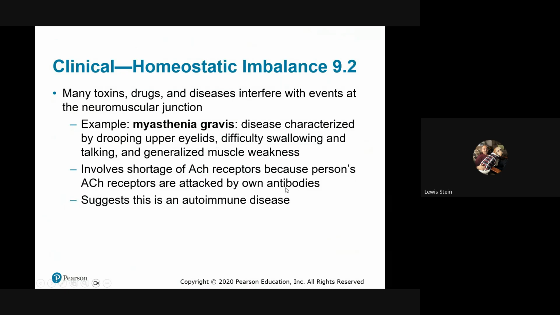So we use agents to prolong the activity of the acetylcholine. We block, by design, acetylcholinesterase. So we inhibit it. When we block it, we call them acetylcholinesterase inhibitors. We block that so it prolongs the availability so the muscles effectively can fire more strongly and more persistently.